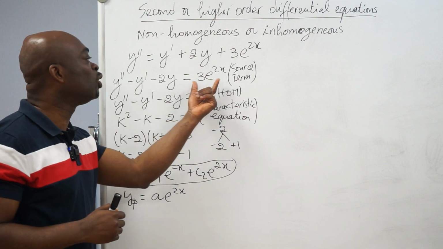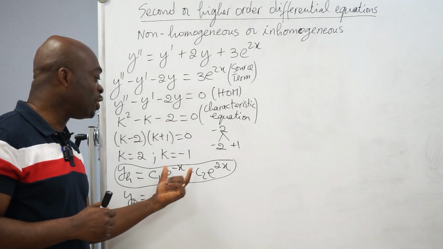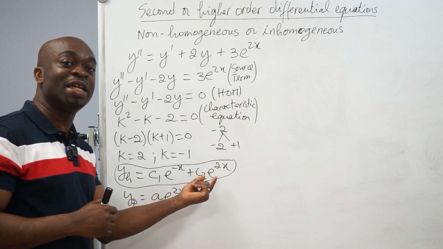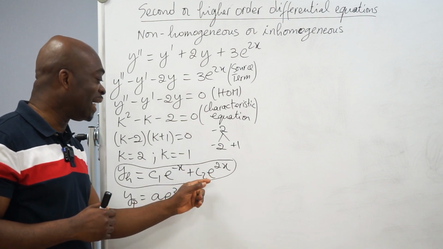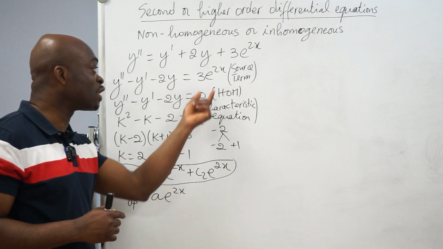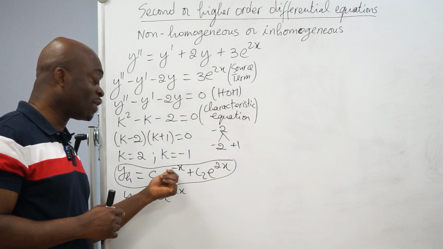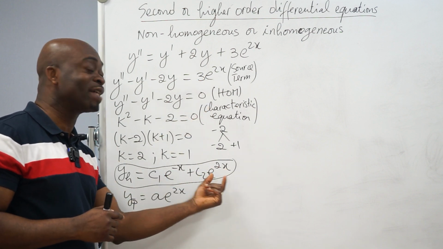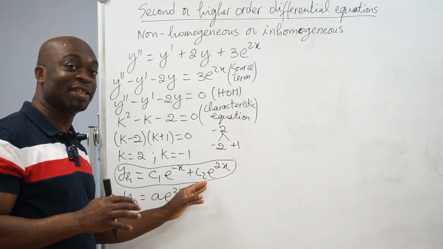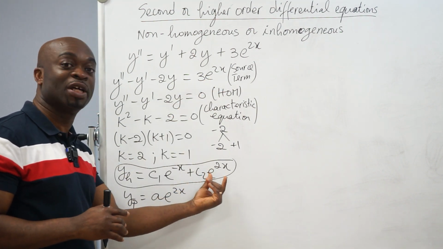The tip is that when you look at your source term and then at your homogeneous solution, if any of these solutions contains exponential 2x, like in this case, this one is -1, but this one is 2x, which is the same thing as the source term here. It doesn't matter the 3 or the C2, okay? Just the exponential function here.